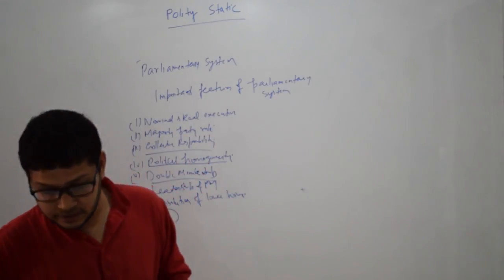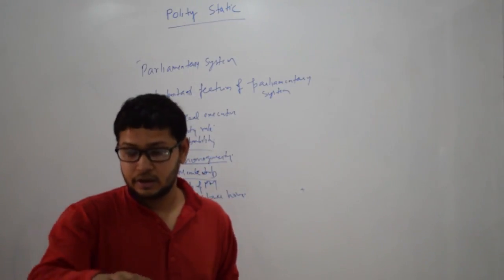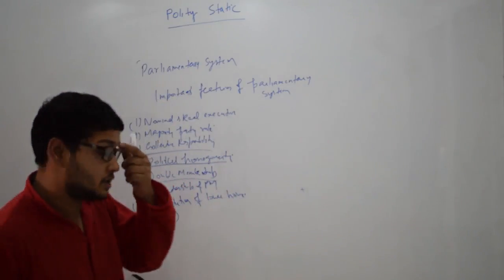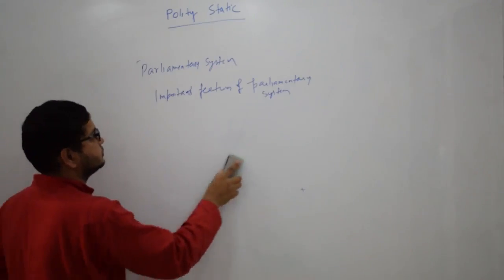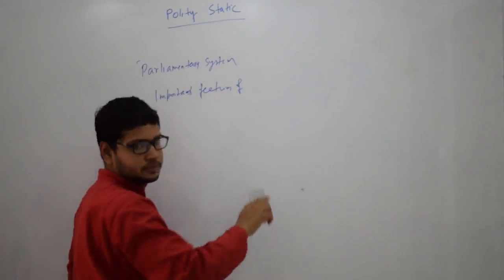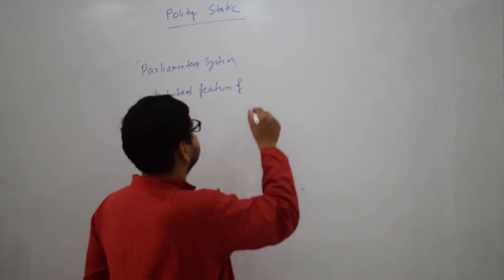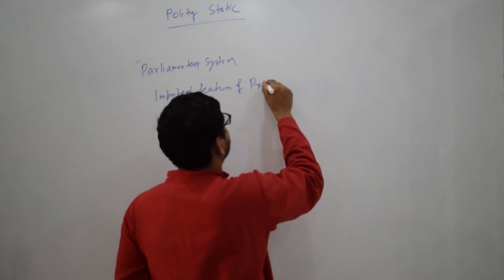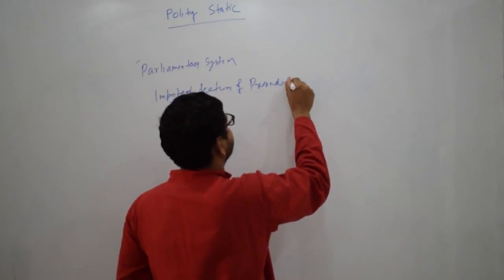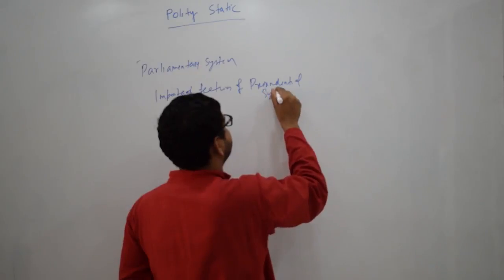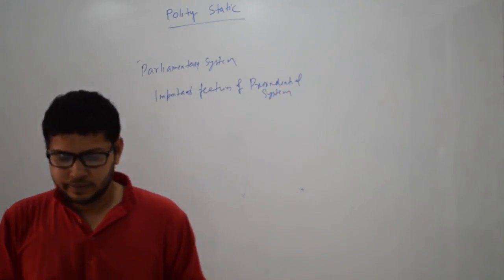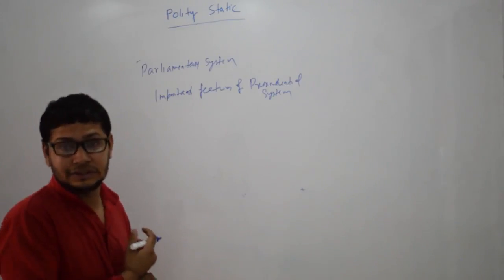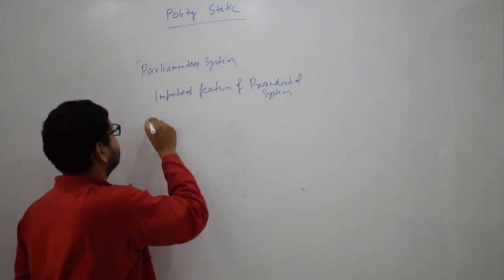Now let's move to the presidential system. What are the important features of the presidential system? In the presidential system, the president is both head of state and head of government.